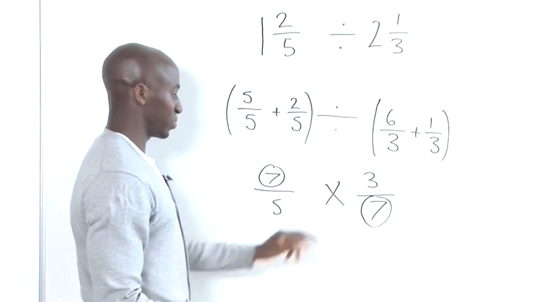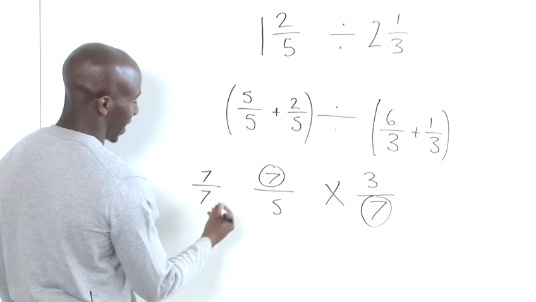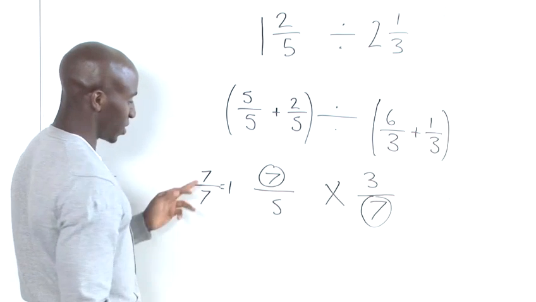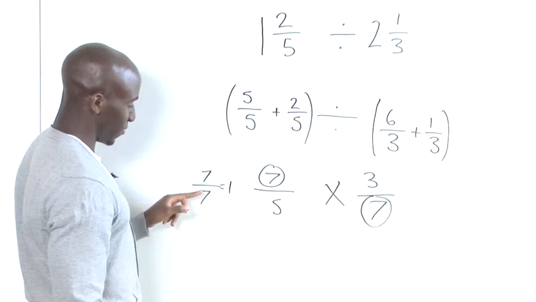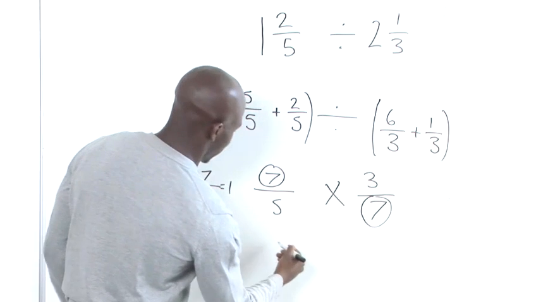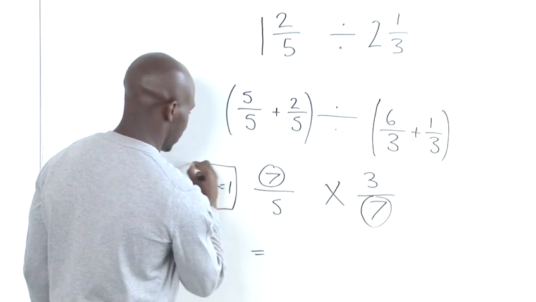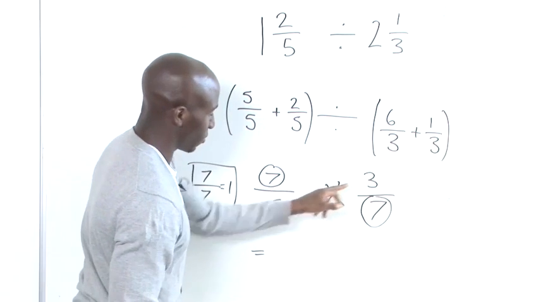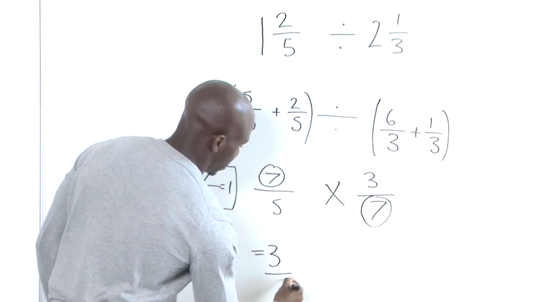Those two cancel, just as 7 divided by 7 would equal 1. So any number that you find on the top can be cancelled with any number on the bottom to just give you 1. In essence, I'll just box this for you, we have 3/5 as our answer.